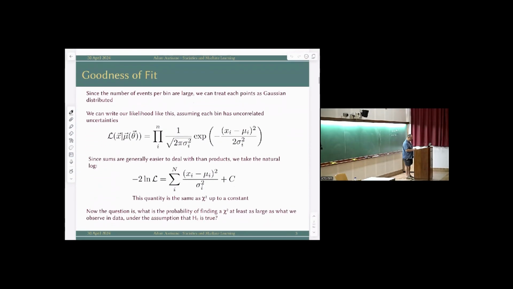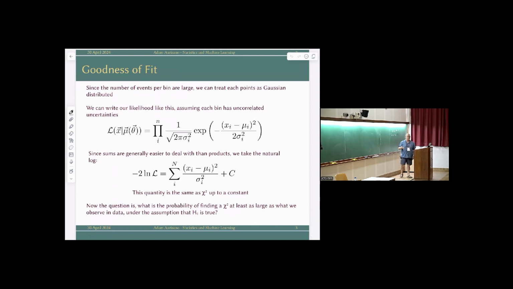So the way we want to ask this is we need a test statistic that we can figure out how that test statistic is distributed under the null hypothesis, right? So assuming that the data really did come from this distribution, you throw a lot of fake experiments, basically, right?